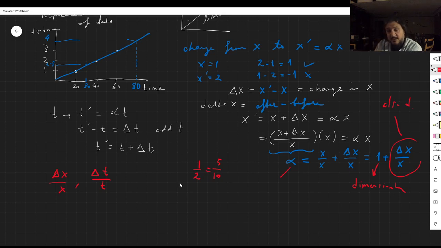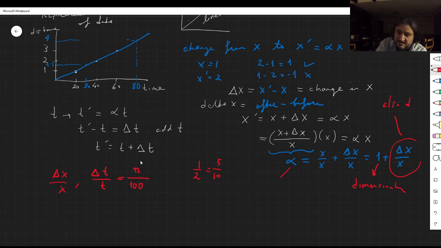So why don't we fix this? Meaning, why don't we take 100 and put it in the denominator here. All right, a number in the denominator, and then the numerator won't be delta t anymore. Let's just call it a number n.